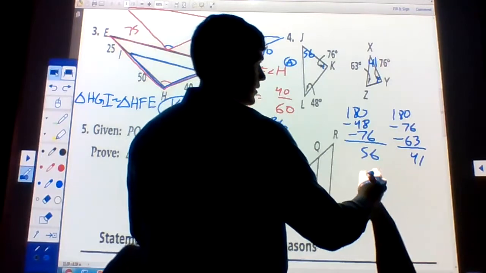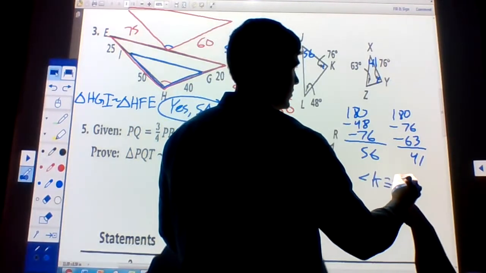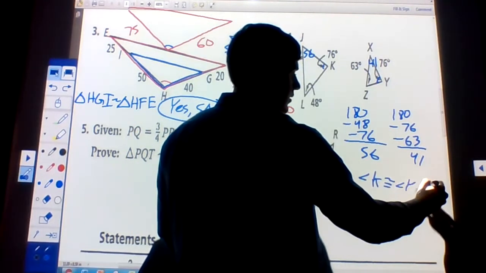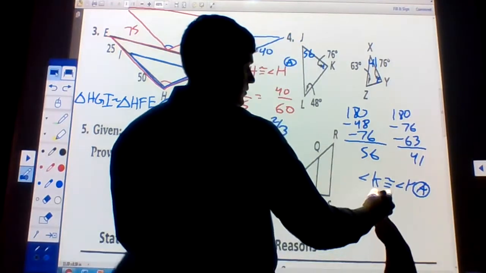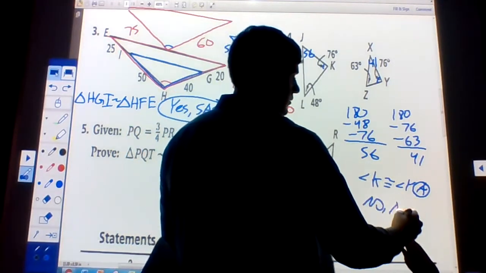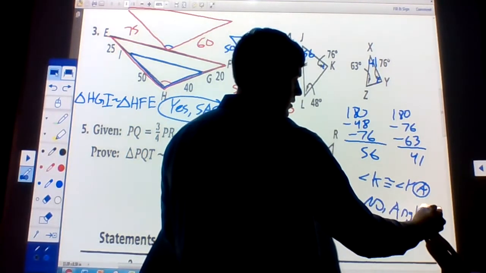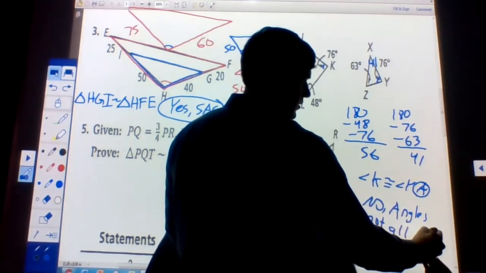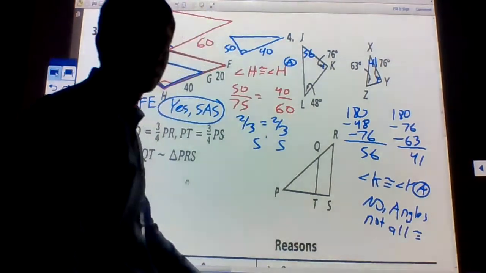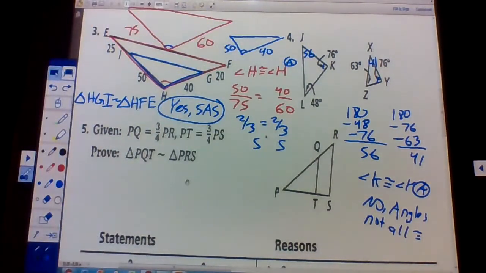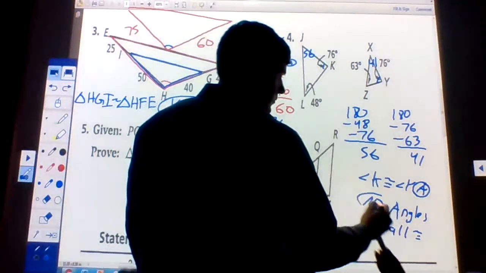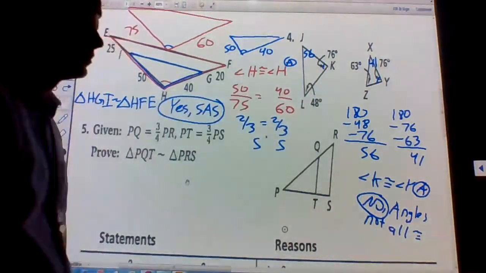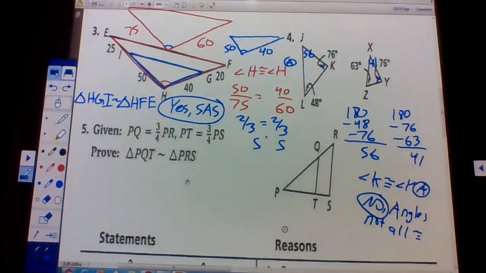So we have angle K is congruent to angle Y. But then we don't have anything else, so we're going to say no. Angles not all congruent. Okay, so that one's going to be no. They do not have two pair of angles.